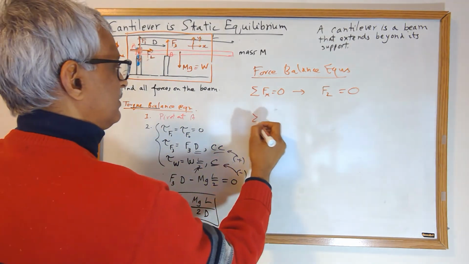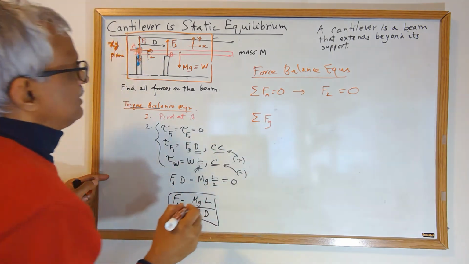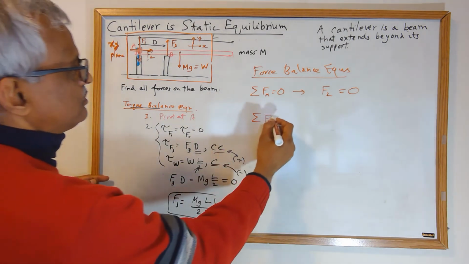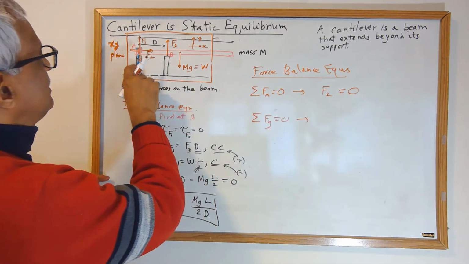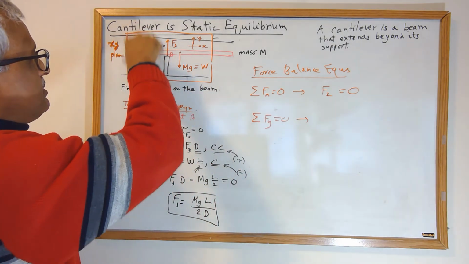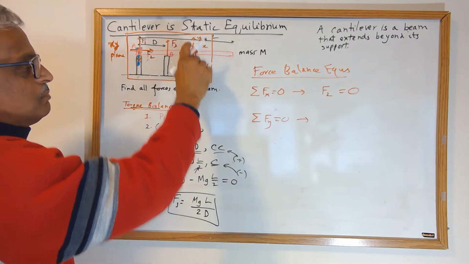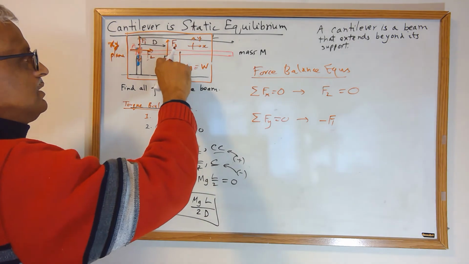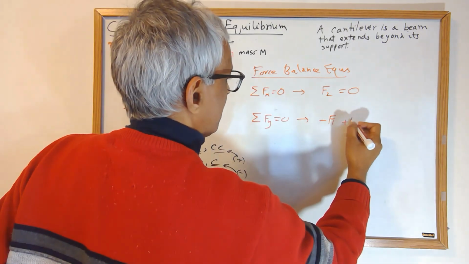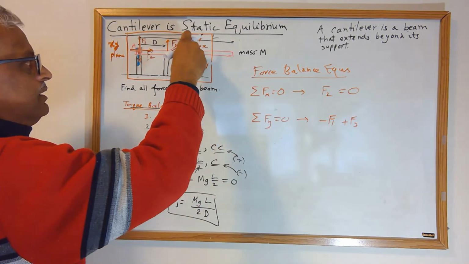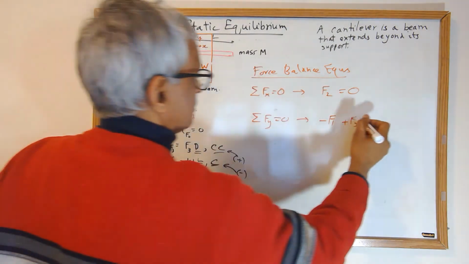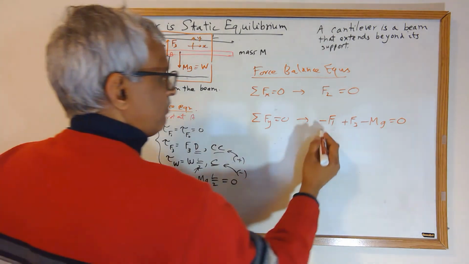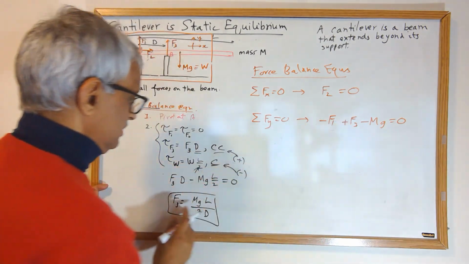How about Fy? Sum of Fy is equal to 0, so that will be F1 down, but y-axis positive, so minus F1, and F3 is up, so plus F3, and mg is down, so minus mg equal to 0. So F1, I can solve. F3 I already know.